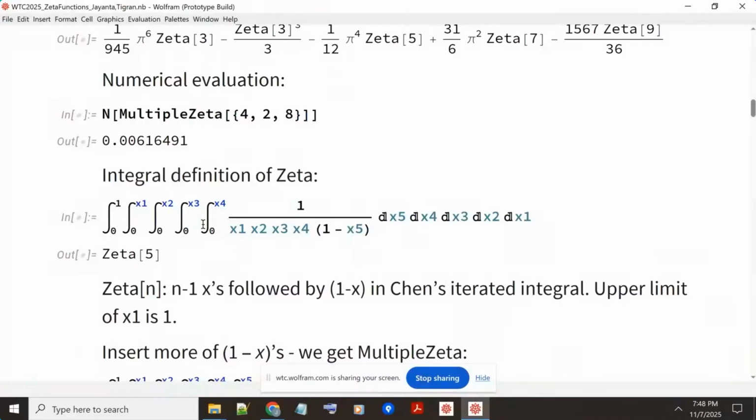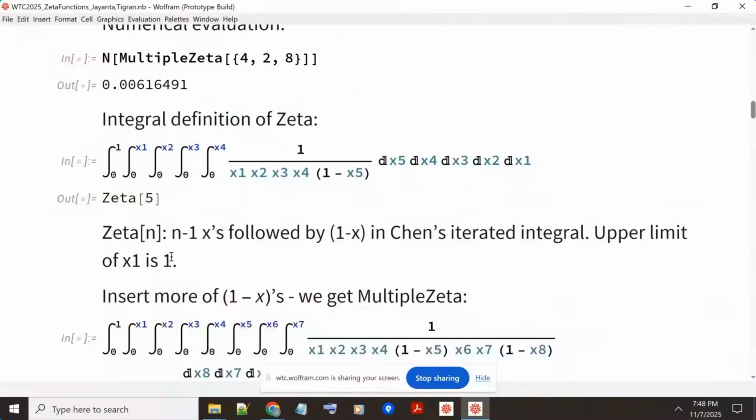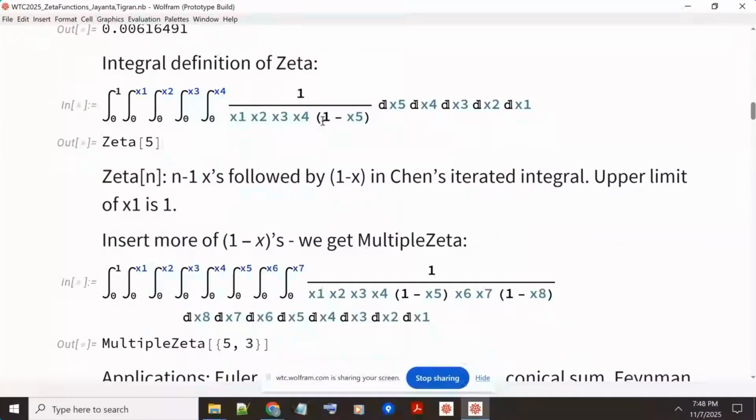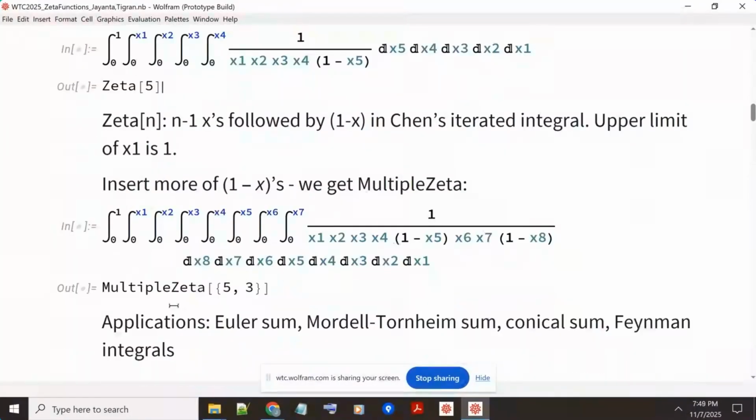And there are 4 poles of magnitude 0 and 1 pole of magnitude 1. So that's how we get zeta 5. Now here, if we add more terms of the 1 minus x type, we get multiple zeta. So the 5 here is coming from this part and 3 is coming from this part.